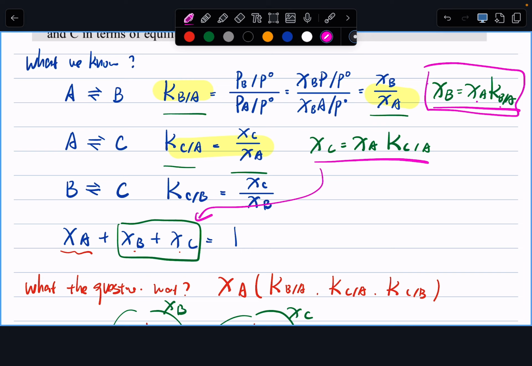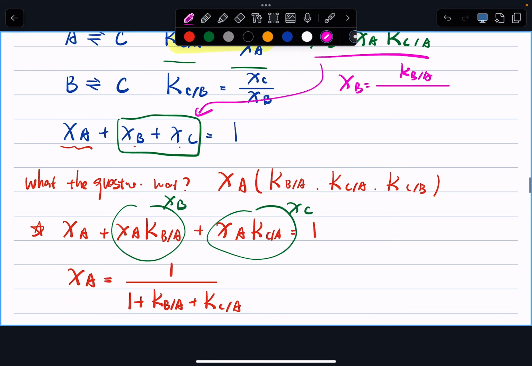We express my chi A as a function of equilibrium constants. We know my chi B is my chi A times an equilibrium constant. So my chi B equals k BA over the equation that we just derived, which is 1 plus k BA plus k CA.